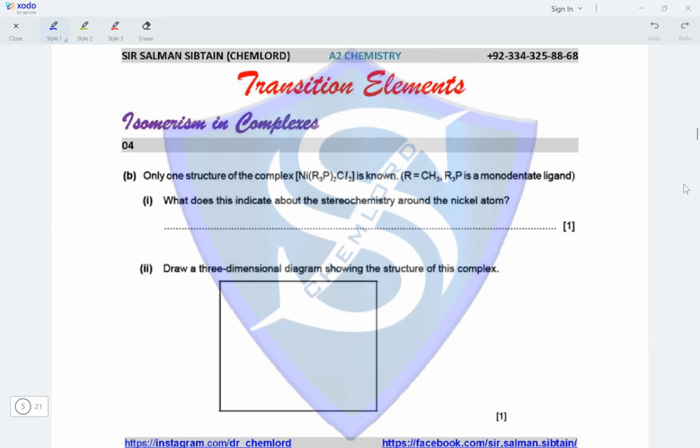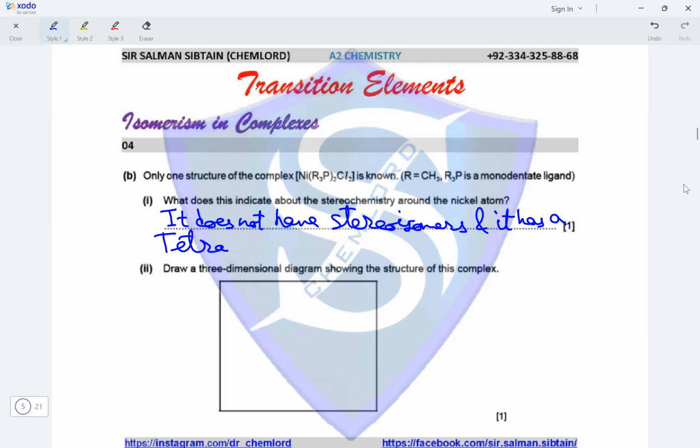So since there is just one structure known, it does not have stereoisomers and it has a tetrahedral arrangement. Rather, its shape is tetrahedral. So, draw a three-dimensional diagram showing the structure of this complex.